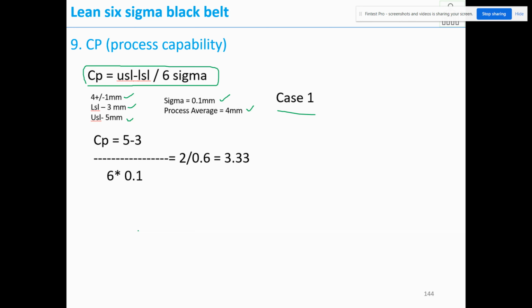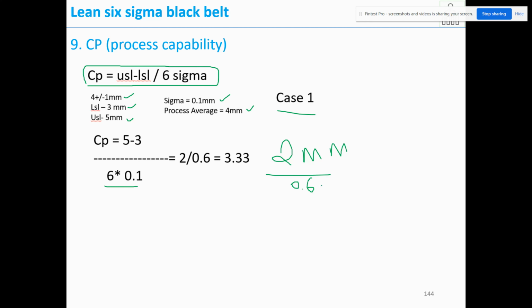So let us assume this is case one. Now, CP equals 5 minus 3 divided by 6 sigma. What is 5 minus 3? 2 mm, divided by 6 sigma. 0.1 is the sample standard deviation. We multiply by 6 because in production it will not be the same; it will become a 6 sigma variation. Therefore, we multiply 6 by 0.1, which becomes 0.6.